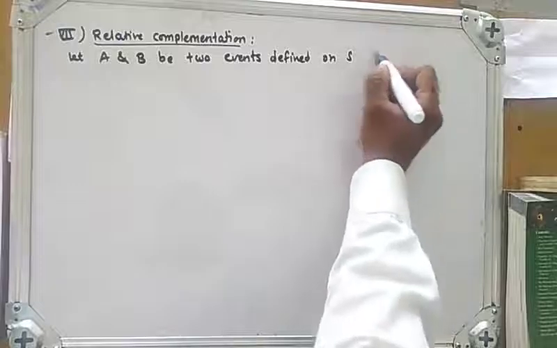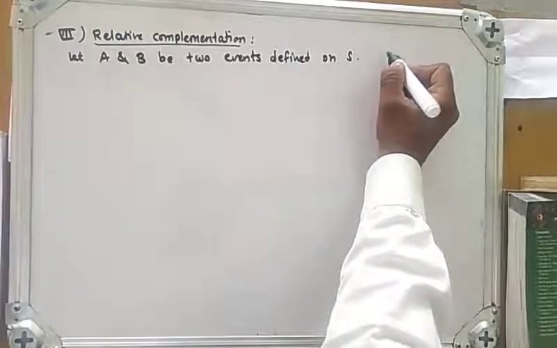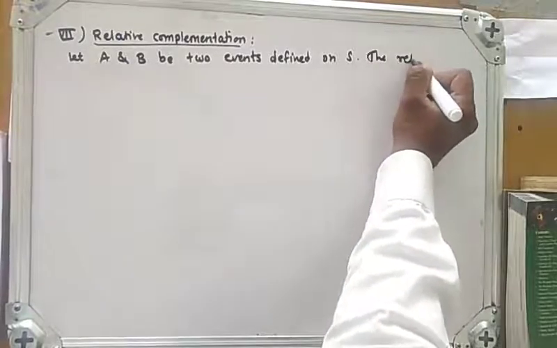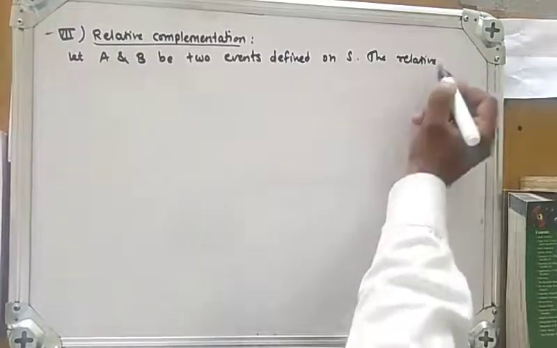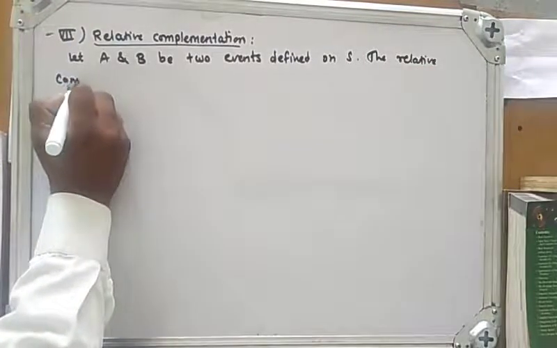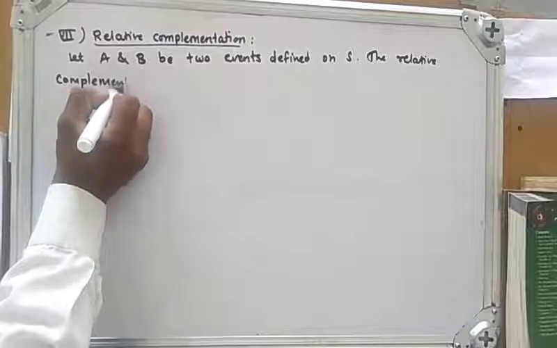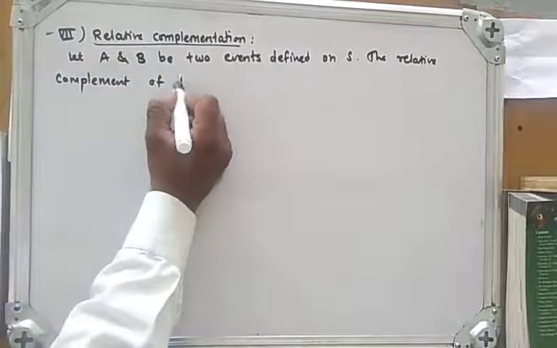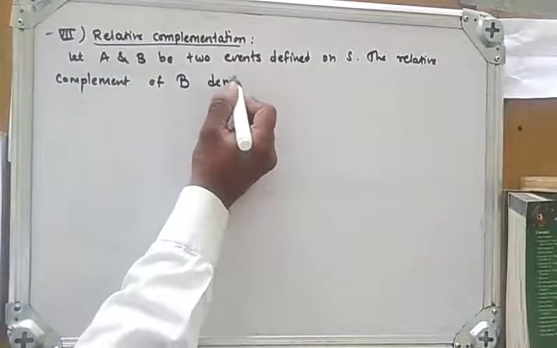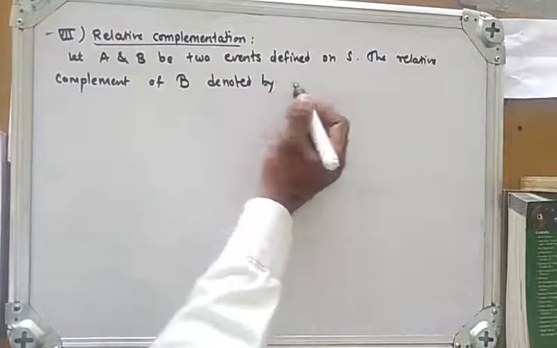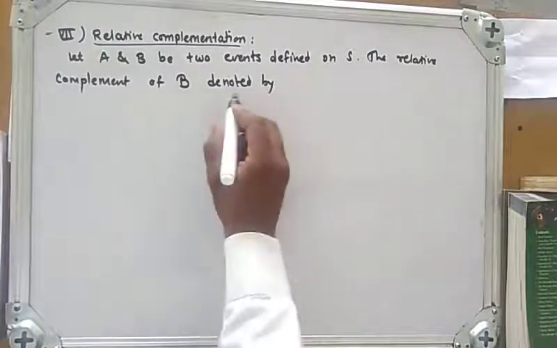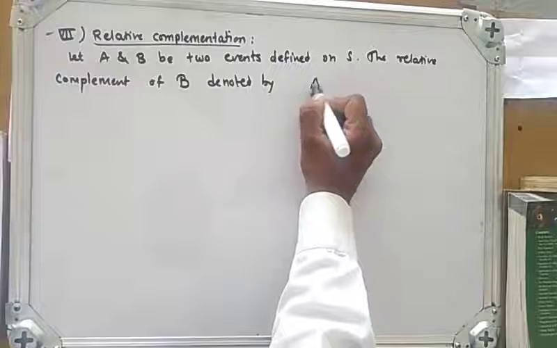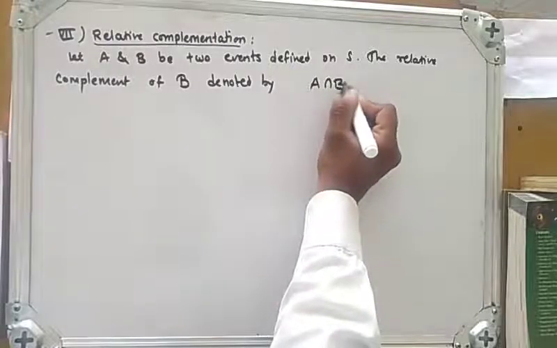Then the relative complement of B is denoted by A intersection B complement.